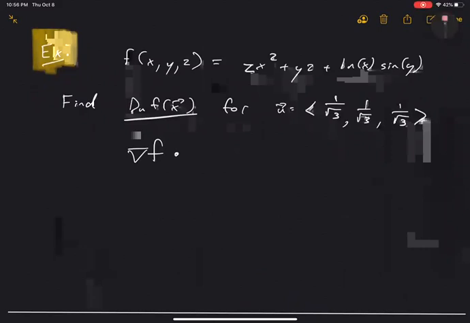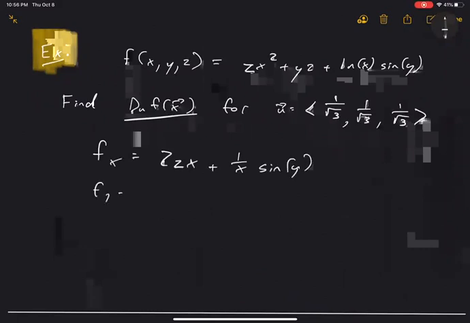Well, I know what my u is. This is my u. What's my del f? I need to find my partial derivatives to get my vector. So f sub x is equal to 2zx plus 1 over x sine of y. F sub y is z plus ln of x cosine y.